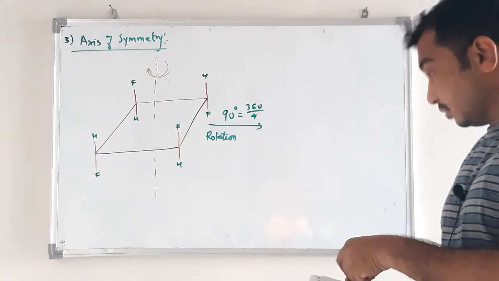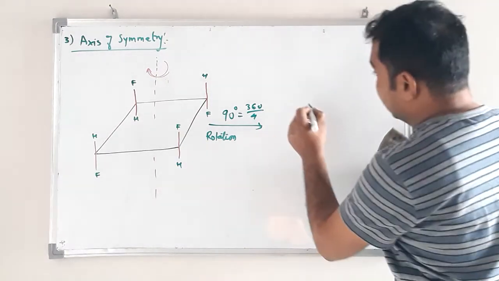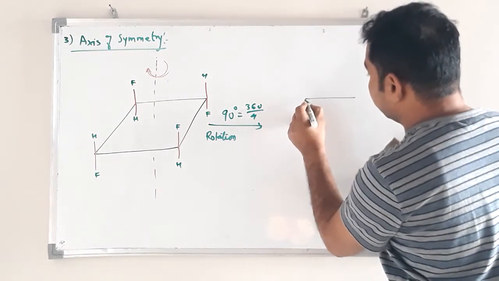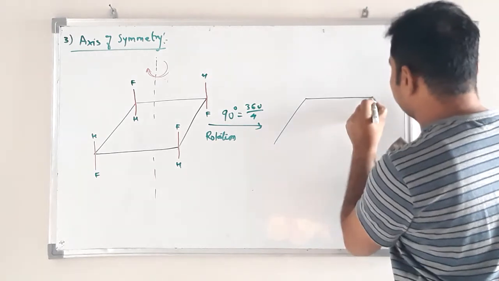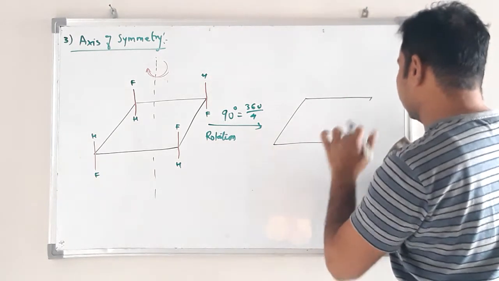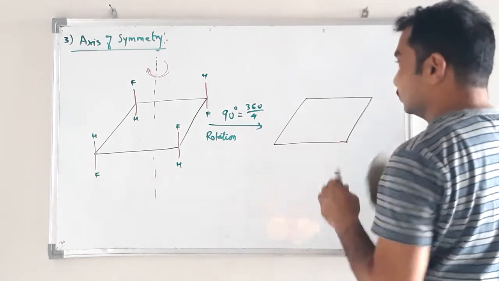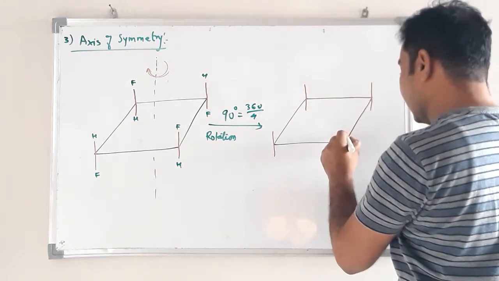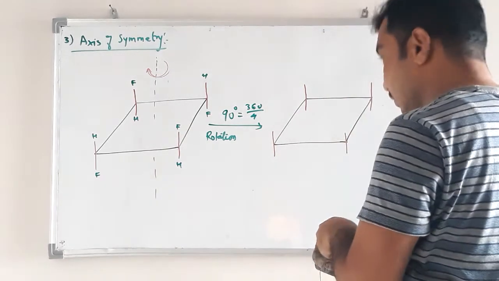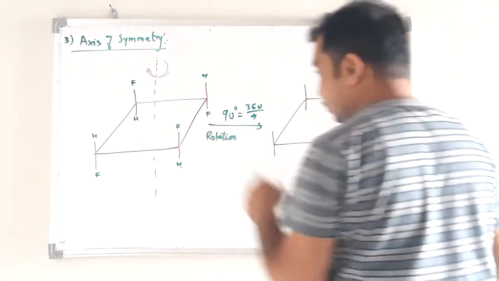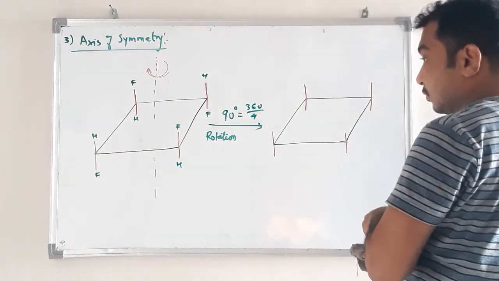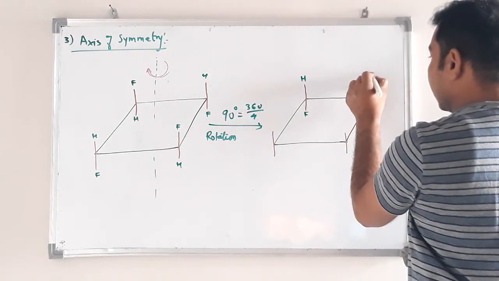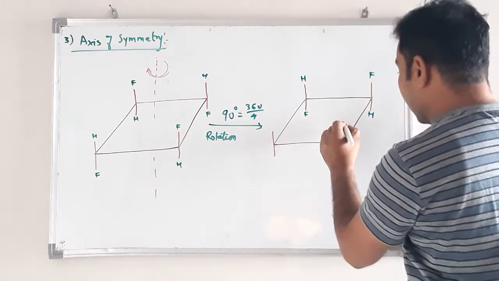Then you will get a new arrangement. After rotating this molecule through 90 degree, what do we get? This carbon will be here now. H, F, here F, H, here F.